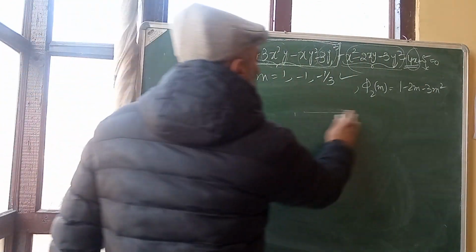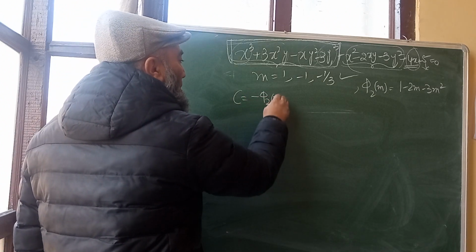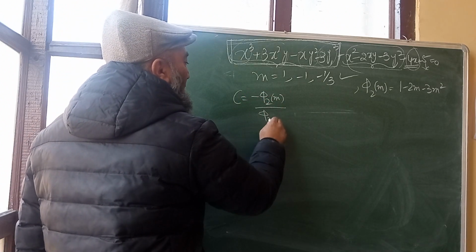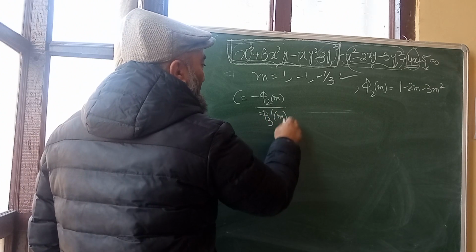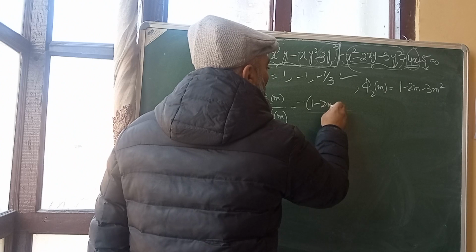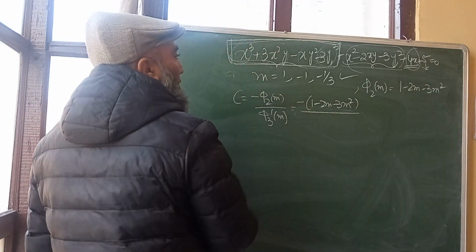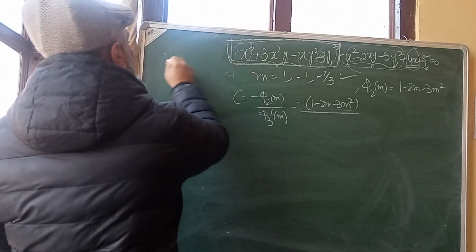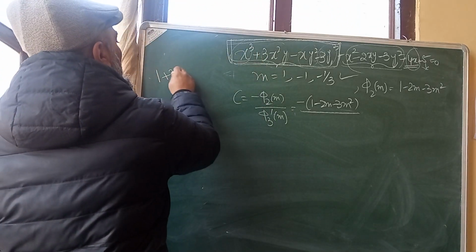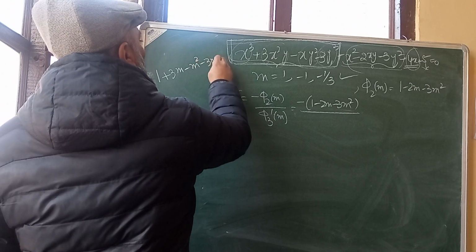Now what is C? You have non-repeated roots, so C is minus phi 2m by phi 3 dash m. Now minus phi 2m is minus times 1 minus 2m minus 3m square. Phi 3 dash: see, this was your phi 3, 1 plus 3m minus m square minus 3m cube.